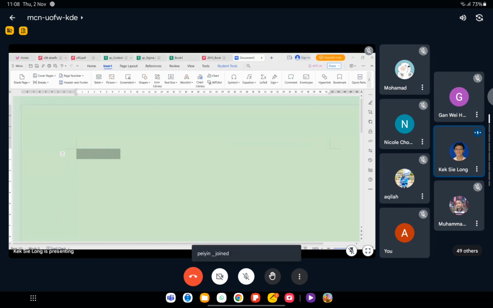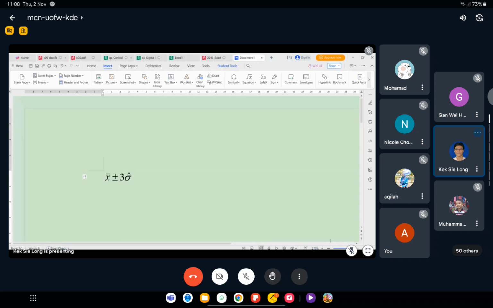Yeah, sigma hat. Okay, suppose in this way, right? I'm not sure you can see. Yeah, this is the formula, right? Simple formula, or we say the 3 sigma control limit.